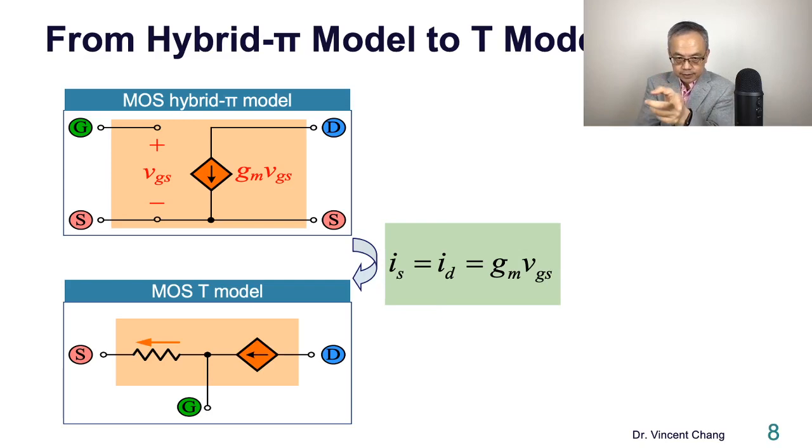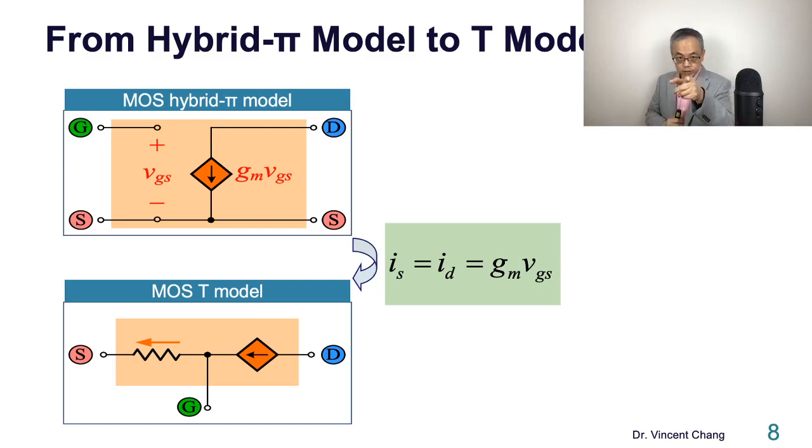I'm taking you step by step. Because it's a floating gate, there's no gate current, so the source current has to be the same as the drain current. Gate, source, drain, floating gate, oxide. So the drain current has to equal the source current.